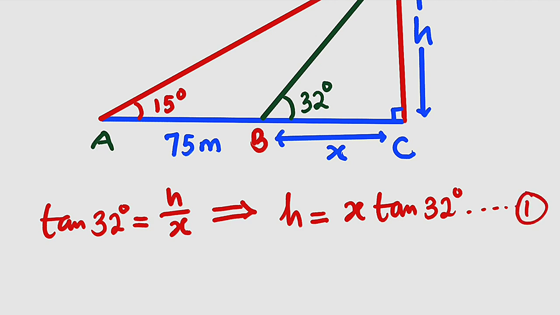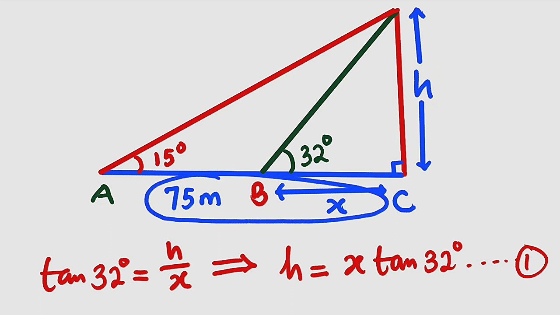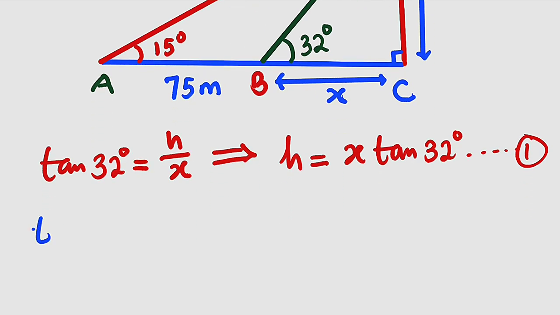Then subsequently we can relate our height with this angle. But you should know that this time around the adjacent side will be a combination of 75 and x. You have to add them together to get the distance from A down to C. So tangent of 15 degrees is equal to the opposite divided by the adjacent, which is going to be 75 plus x.